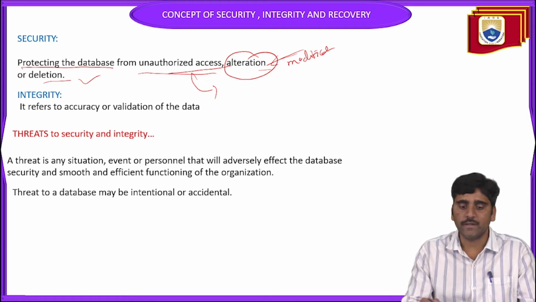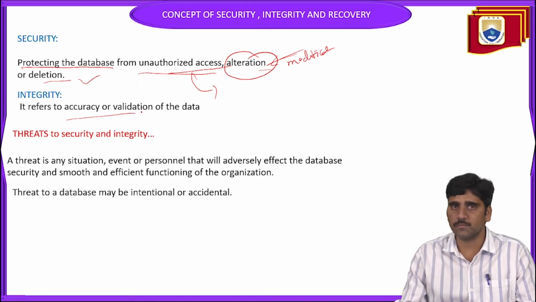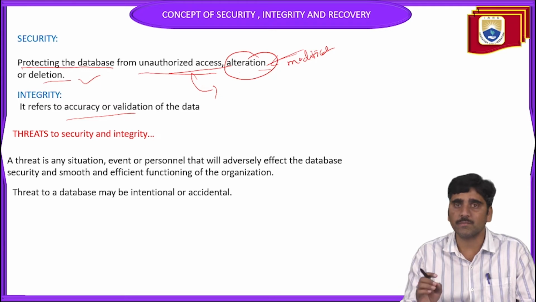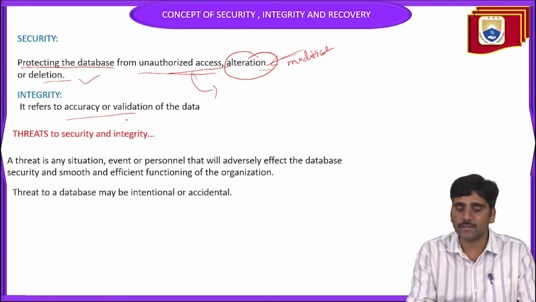security. And integrity. Integrity refers to the accuracy or validation of the data. Accuracy is nothing but maintainability of the data, whether it is perfect data or not perfect data, whether it is suitable data or not suitable data, whether it is related data or not related data. That is integrity and validation of the data.